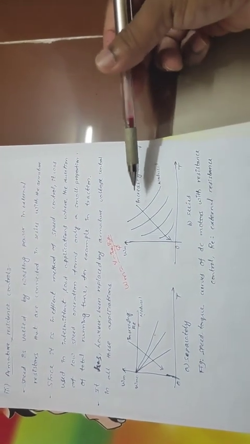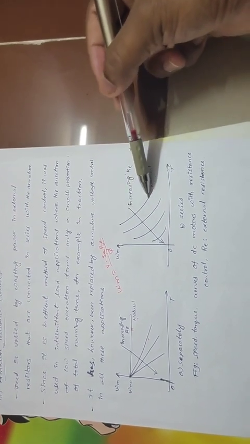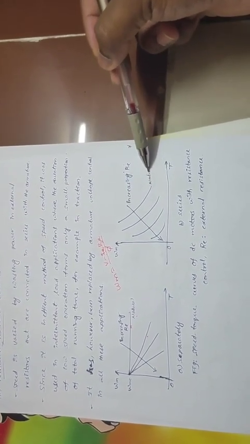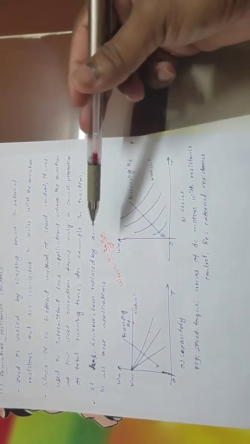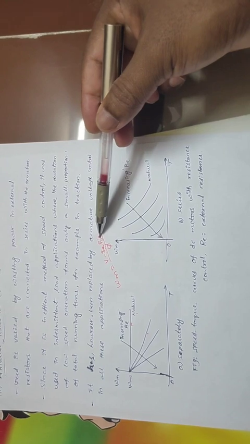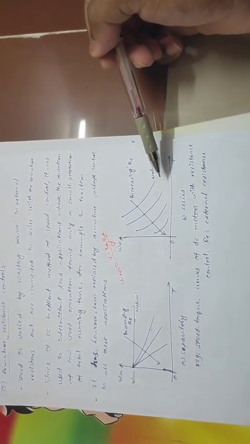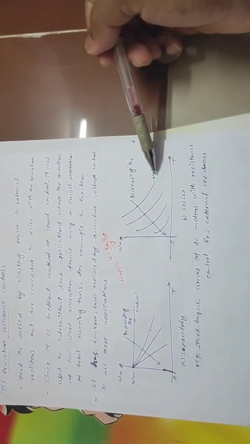In a similar way, in the series motor also, as you increase the armature resistance, the characteristics shift. The first characteristics above are the natural characteristics with the normal armature resistance, for example 0.1, 0.2 or 0.5 ohms.